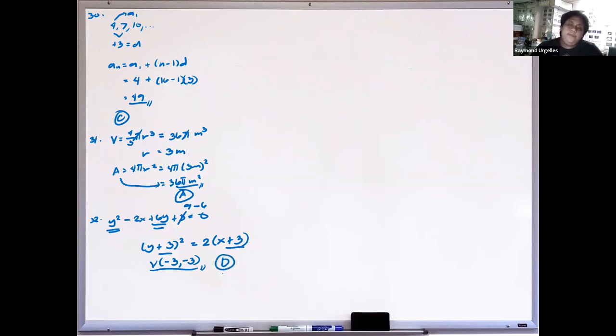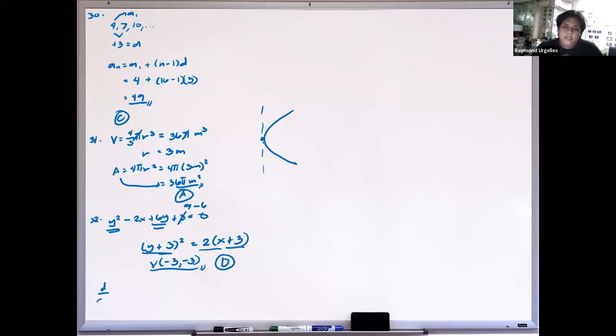So again, another way is, remember, this is a parabola opening to the right. Kasi nga, y yung naka-square, positive yung x, diba? So kaya makikita natin na yung vertex natin is located at the point with the smallest value of x. So ibig sabihin, we can use maximum minima here.